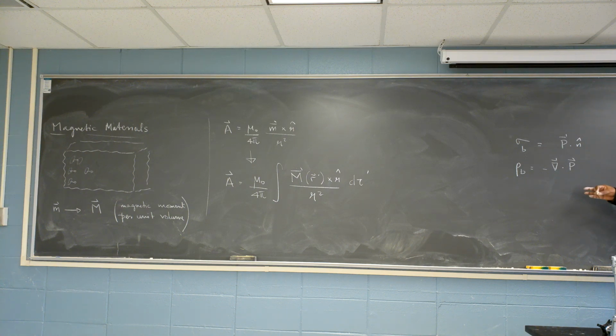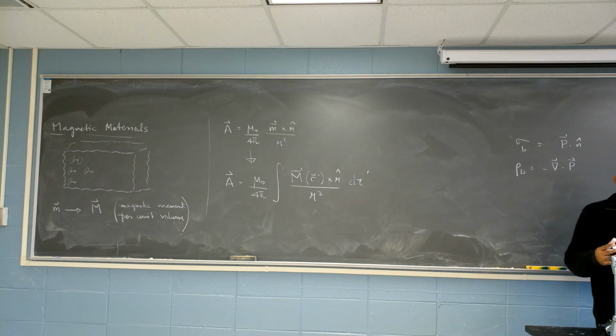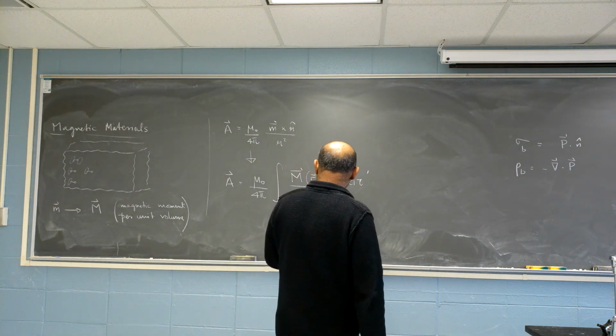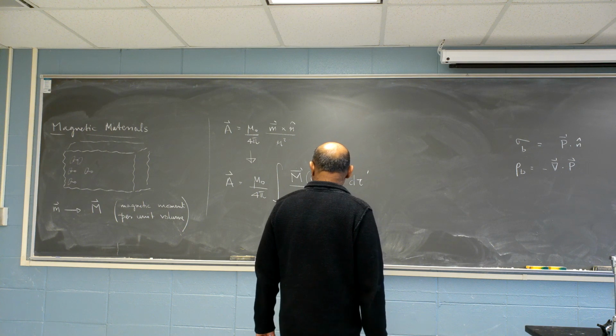What can you expect for volume current to be? Curl of M. As we make these analogies, everything in electrostatics is dot product. In magnetostatics, it is cross product. That's all.